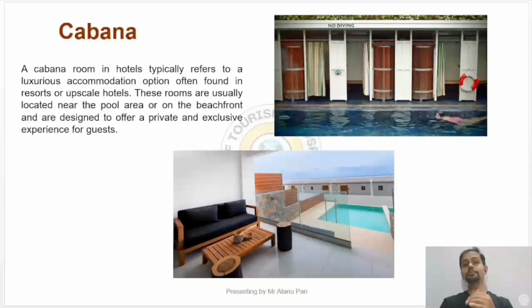These types of rooms are prepared near the swimming pool, so the guests do not require a separate room for changing. Whenever they want to change, they can go to their own room and change. These types of rooms are called cabana. I repeat once again the definition: the rooms which are located near the swimming pool are called cabana.